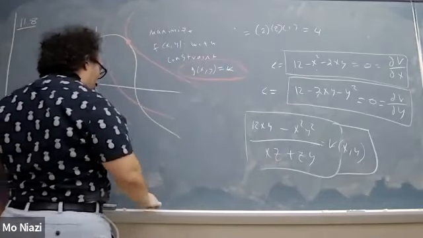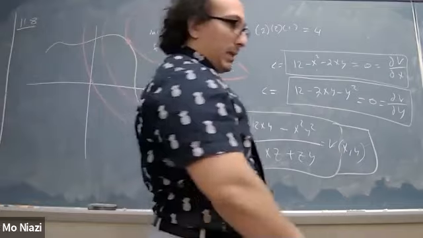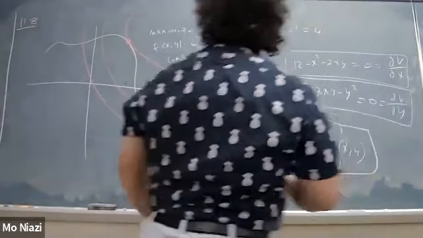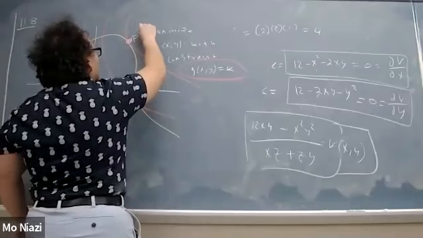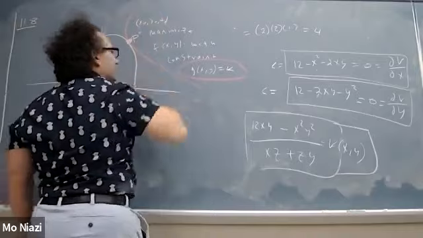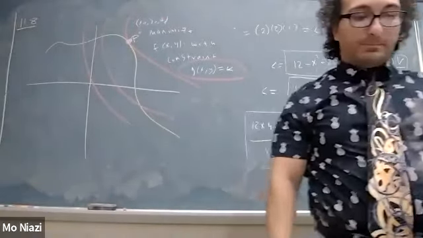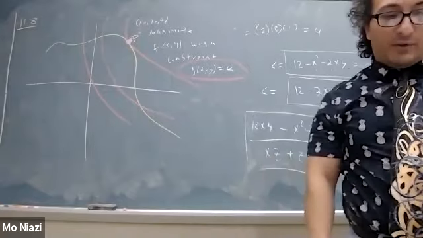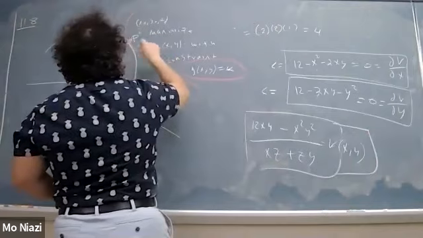We want the level curve to intersect the actual value of the function at some point P. This is some point P right here, and let's say it's equal to some x naught, y naught, and z naught. And let's say our function f of x y is equal to some c.